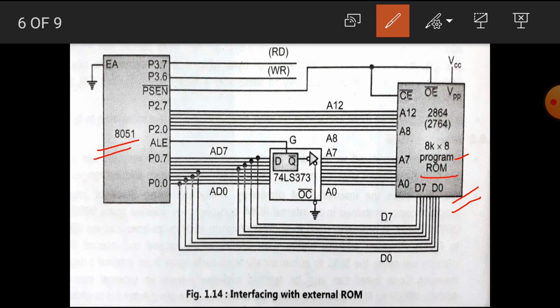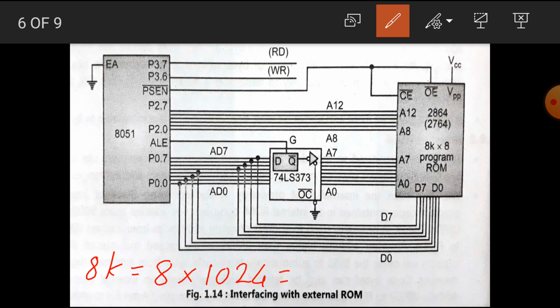Here 8K stands for 8 kilobytes of memory. If we simplify this, 8 into K, in digital electronics, K means kilo, and it is of value 1024 bytes. Now the multiplication 8 into 1024 gives the result 8192 bytes.